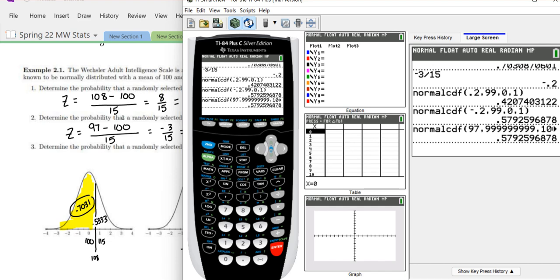You are going to be given multi-part problems, like what is the z-score, and then determine the probability. So it's easier just to keep it standardized, finding the z-score first and then finding the probability, keeping it at 0 and 1. But you can technically skip this step if the problem is solely asking for the probability.